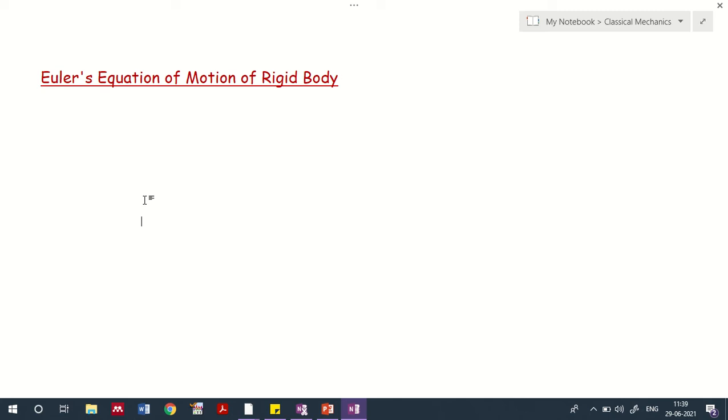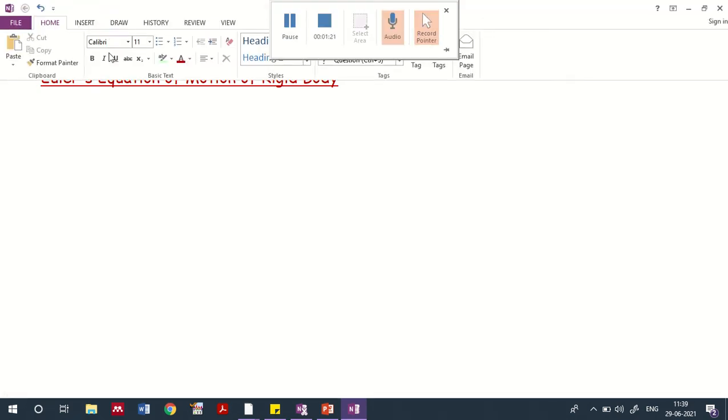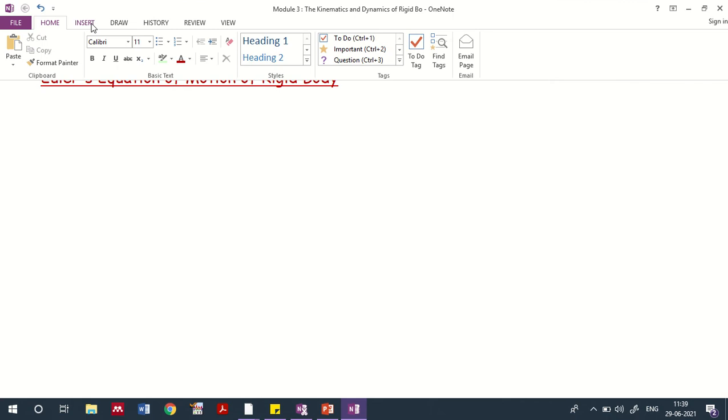So what does Euler's equation mean? We have several equations of motion, and you have already studied equations of motion using Newton's law. What makes Euler's equation different is that we are considering a rotating frame of reference.